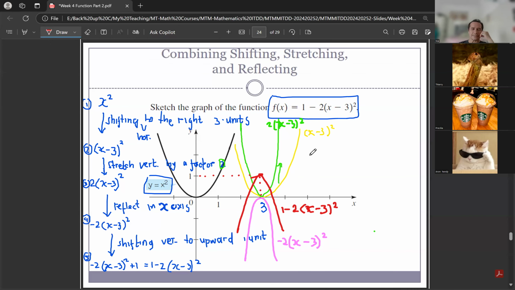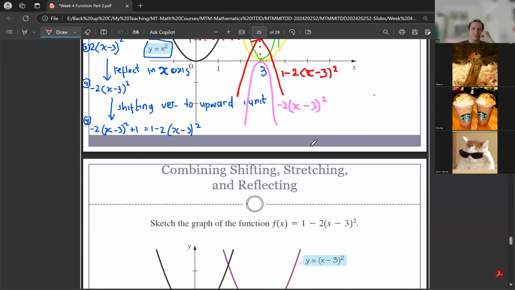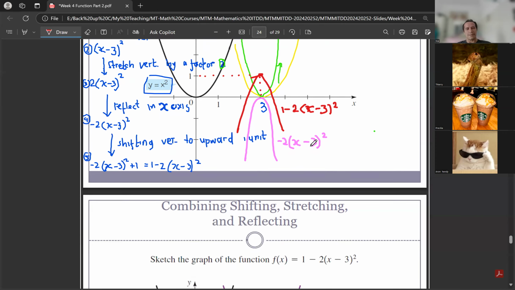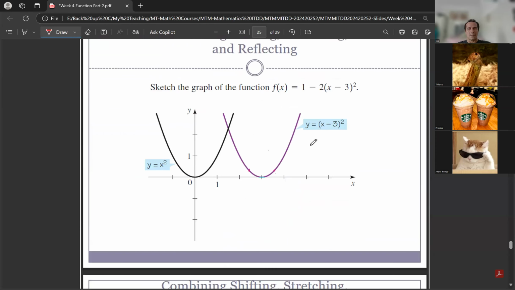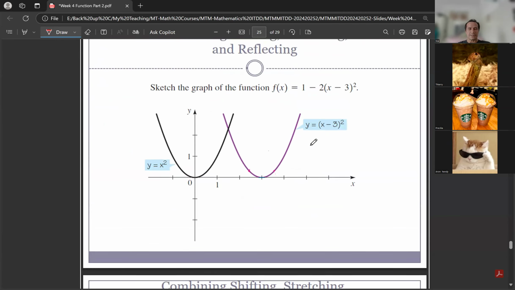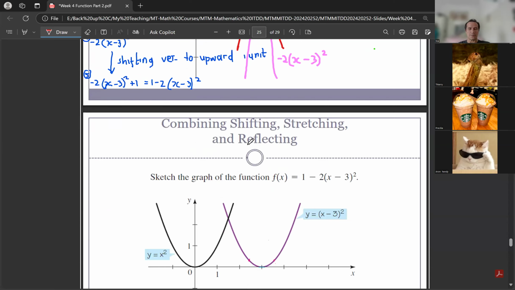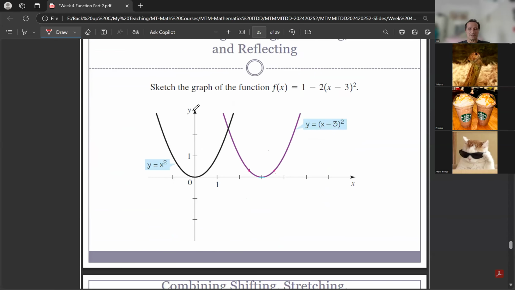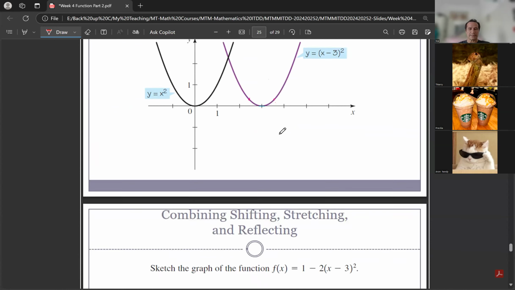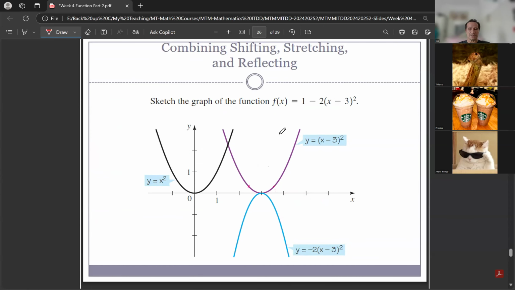Okay, this is also okay. This is the explanation. I have shown before, this is shifting to the right. This is reflecting to the left.